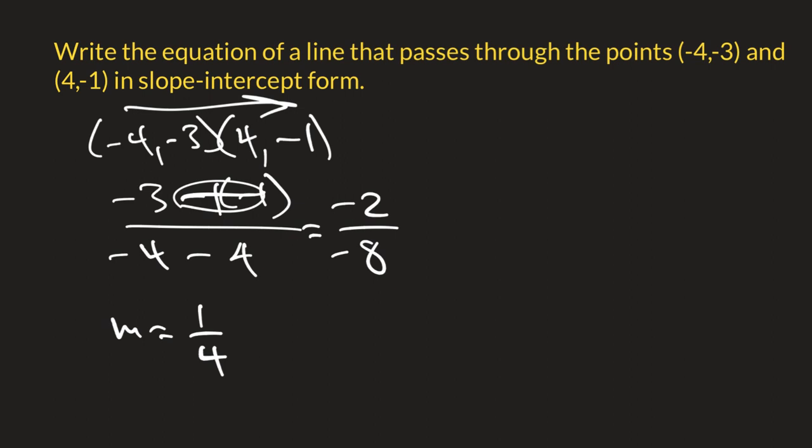Your slope is 1/4. And we did some problems last week with a fractional slope. Which point do you want to use? Do you want to use -4, -3, or 4, -1? Okay. So let's go 4, -1, and we've got a slope of 1/4.